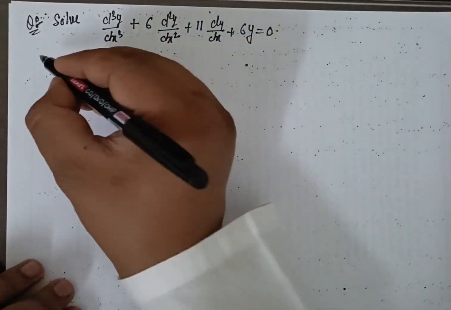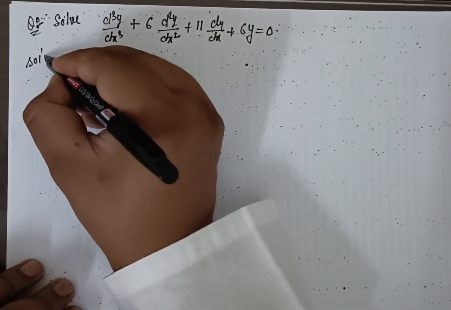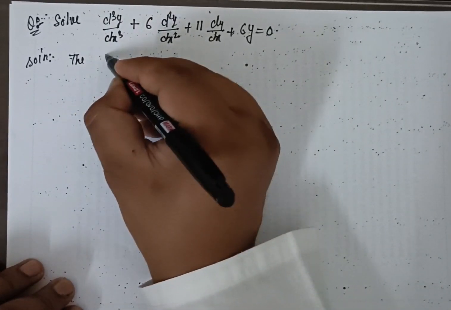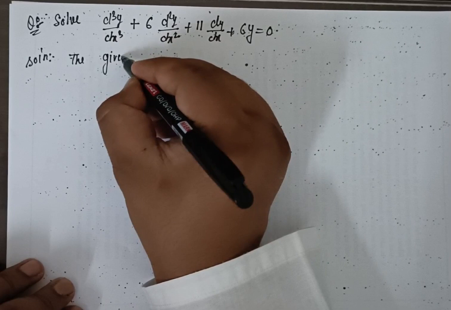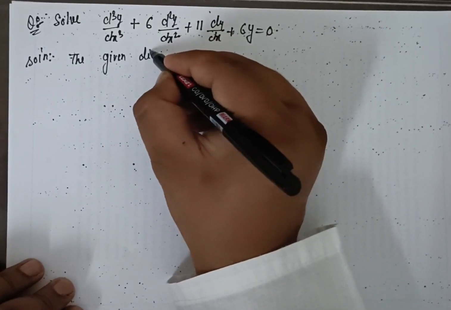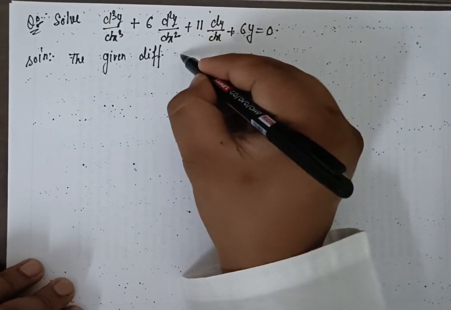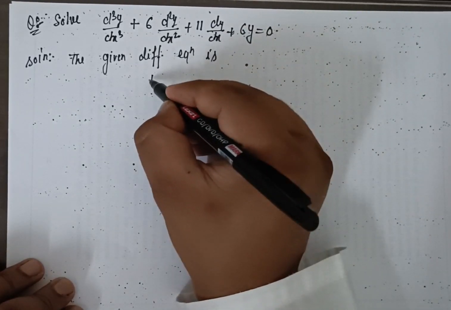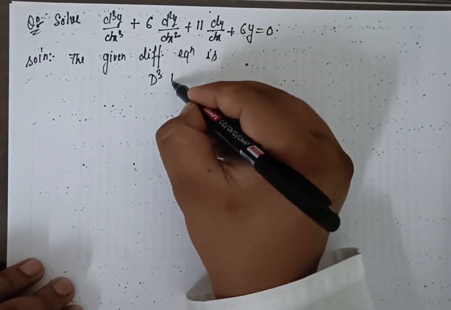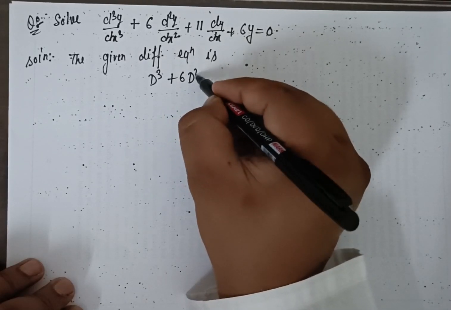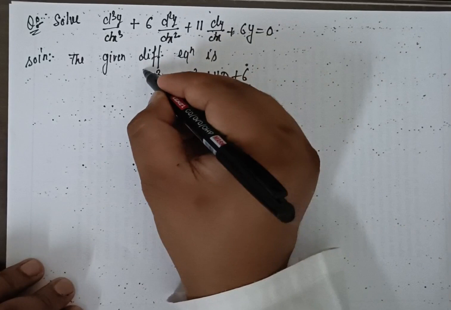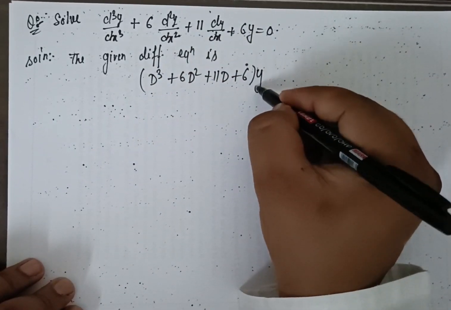So the solution: the given differential equation is D cubed plus 6D squared plus 11D plus 6, applied to y, equals 0.